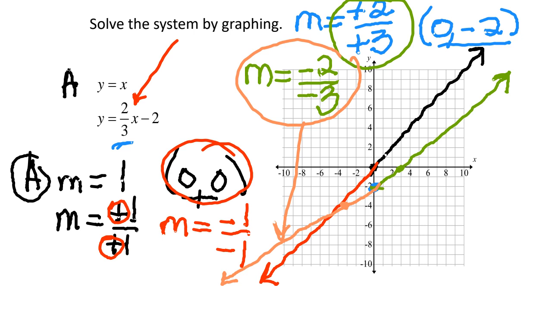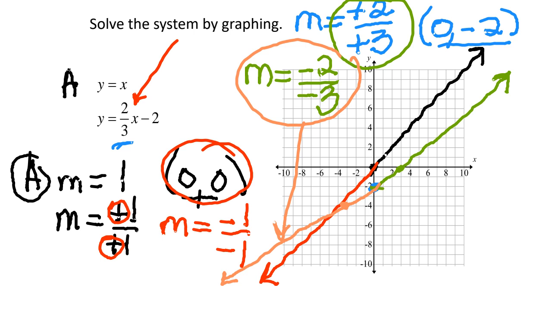Okay. Now, if you look at this particular graph, this is where you're going to have to be very, very, very careful. Now, your graphing tool is going to be more exact than what I did.